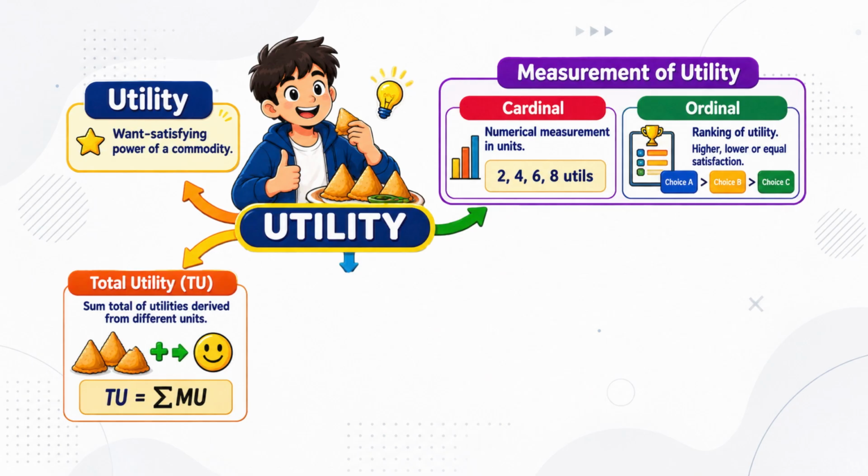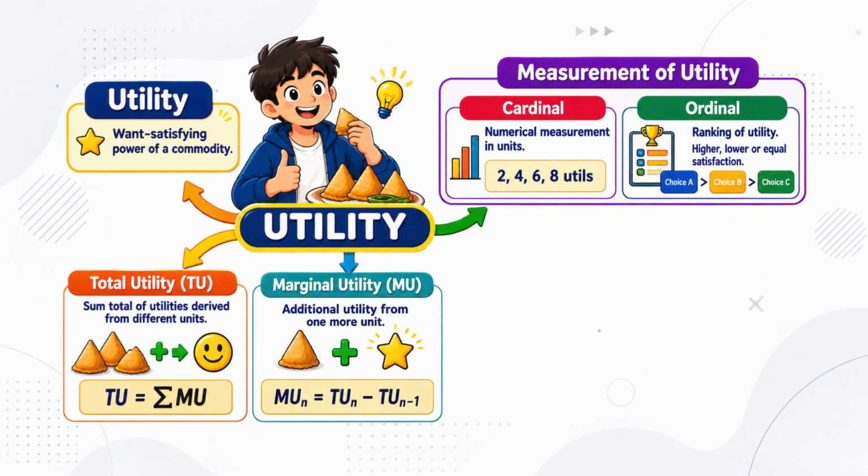Total utility, or TU, is the sum total of utilities derived from the consumption of different units of a commodity. Total utility is equal to the sum of marginal utilities. Marginal utility, or MU, is the additional utility obtained when one more unit of a commodity is consumed.